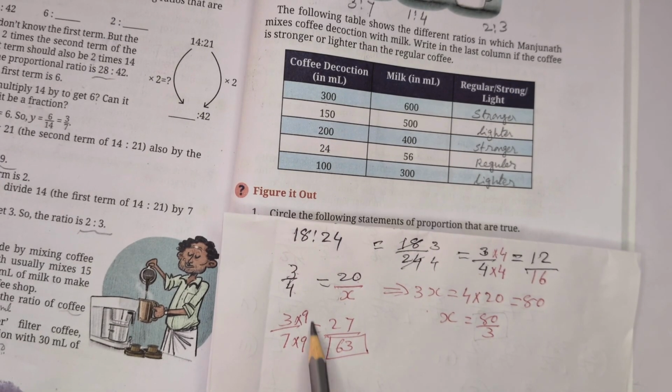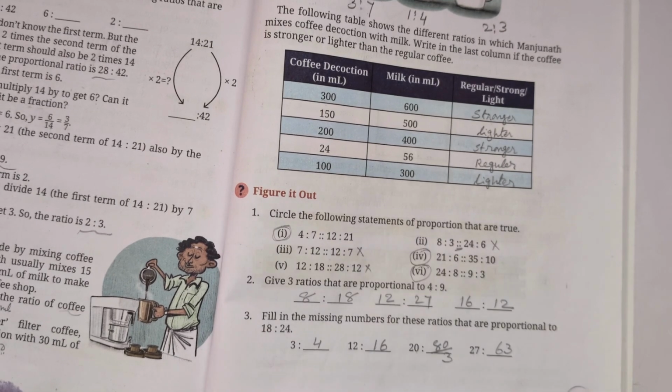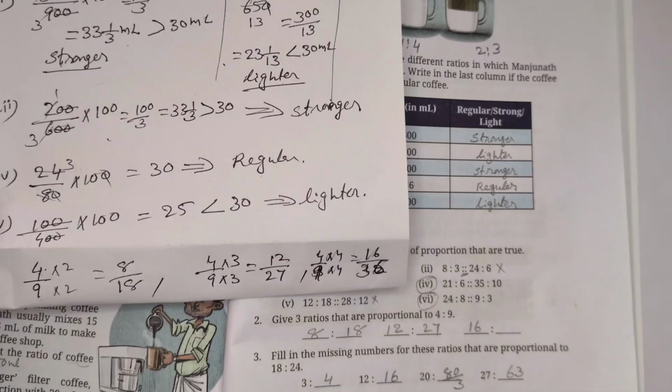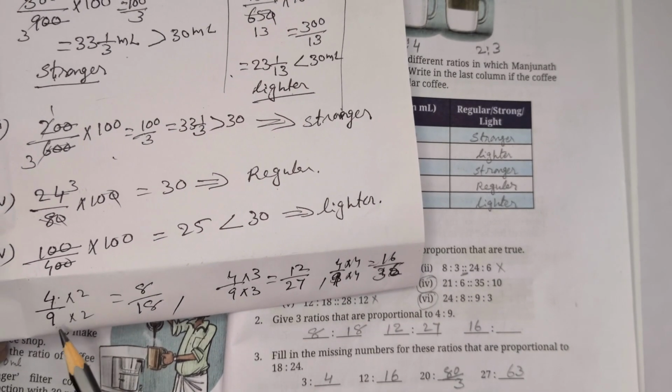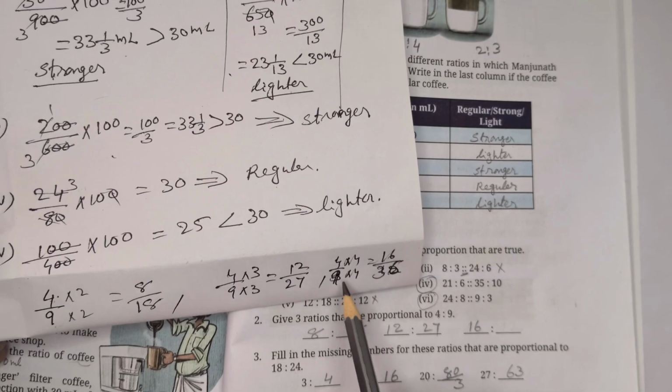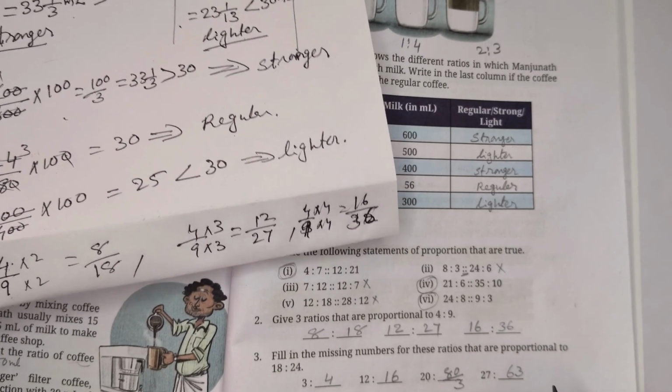If you are getting it straight, you can use the same way, just by multiplying we will get the missing terms. So these are the corresponding missing numbers for the given ratio 18:24. Here in this question, 4 by 9 into 4, we are getting 16:36.